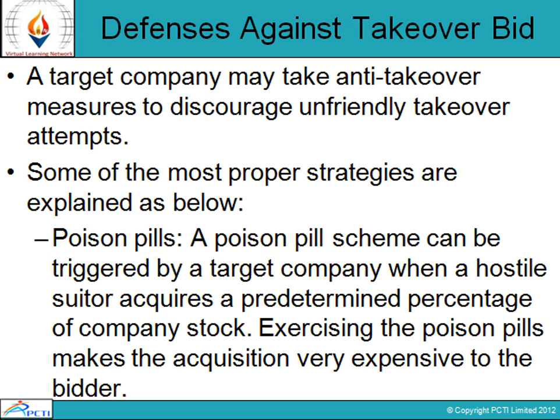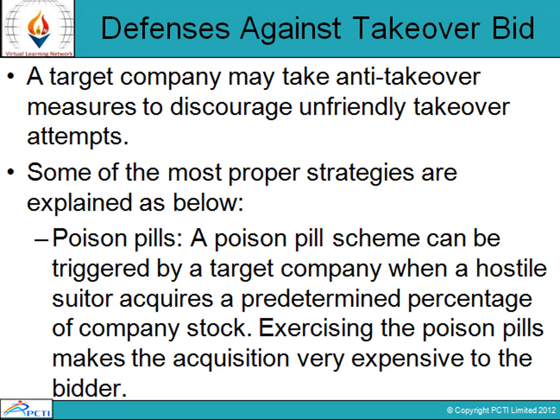A supermajority rule requires a supermajority of the shares, say for example 80 to 85% or 90%, to approve a takeover proposal. Once an unfriendly takeover attempt has been initiated, the target company's management has other anti-takeover measures that it can employ to deter the takeover.